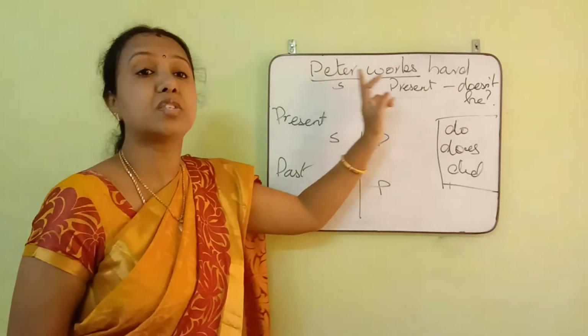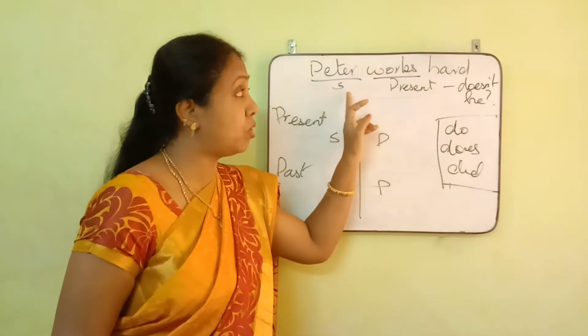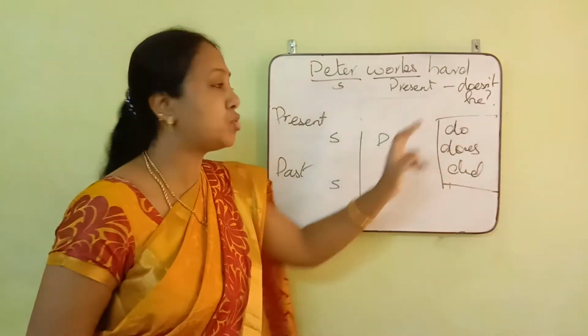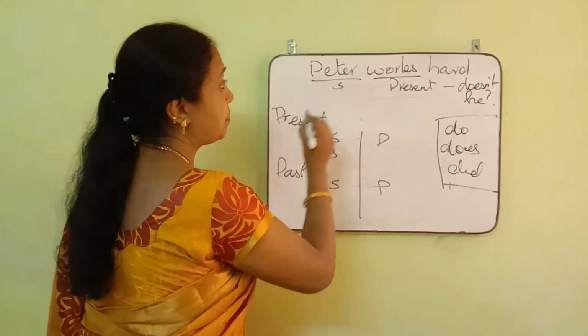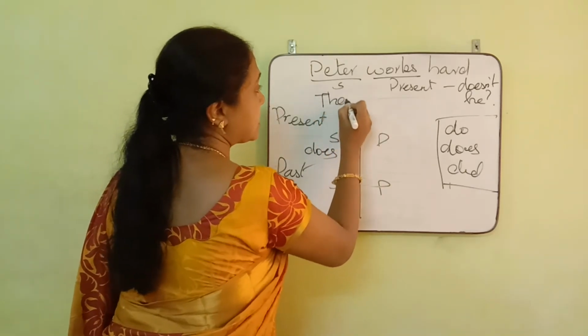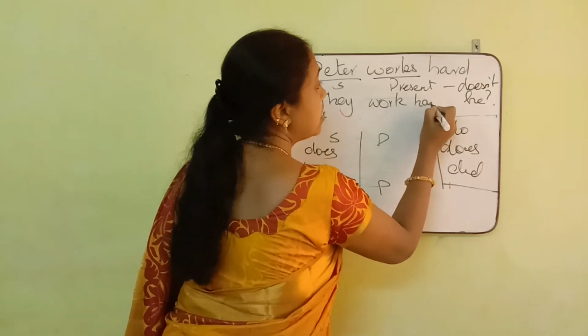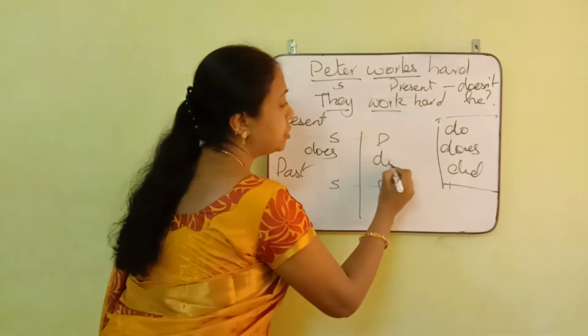So remember this formula. Peter works hard. You cannot say "do". When it is singular present tense, you always use the word "does". Then the next formula: they work hard. When it is plural present tense, you use the word "do".